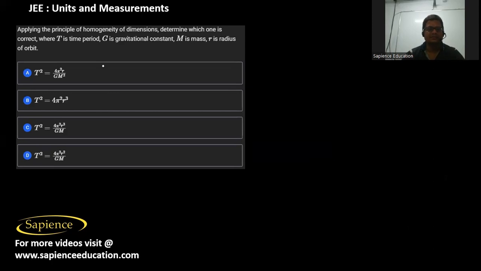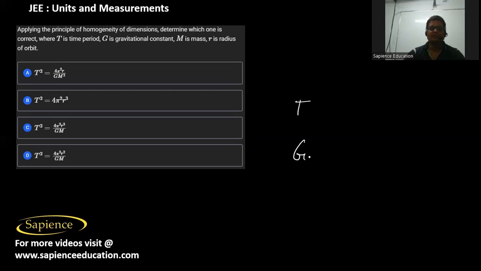Then here it is told, applying the principle of homogeneity, determine which one is correct, where T is the time period, G is the gravitational constant, M is mass, R is the radius of orbit. So here T is the time, G is the gravitational constant.